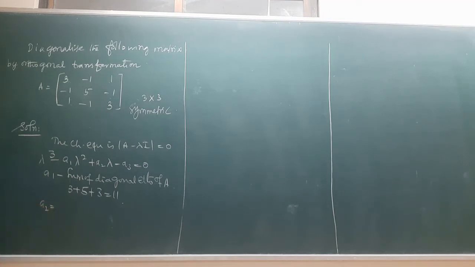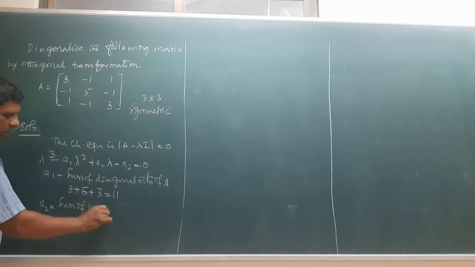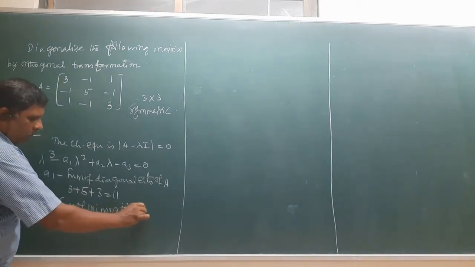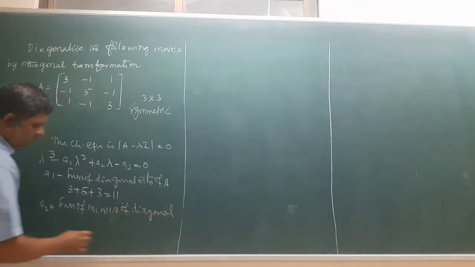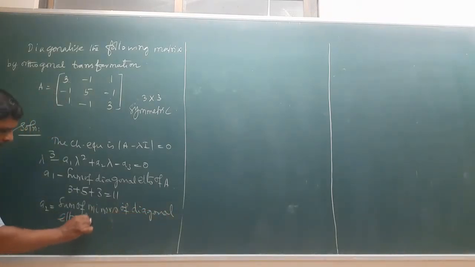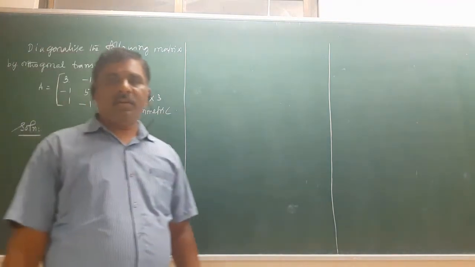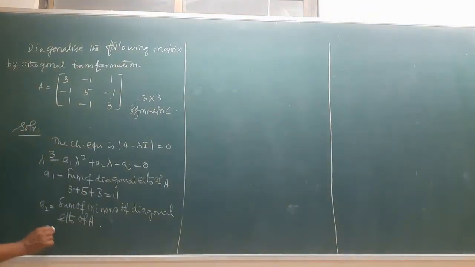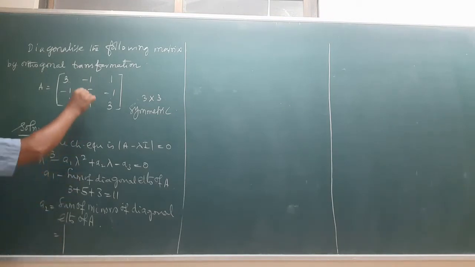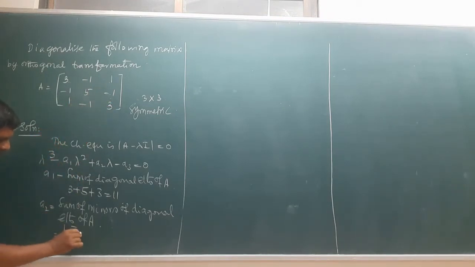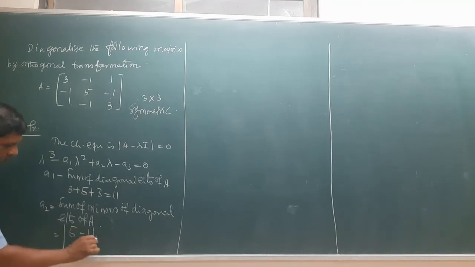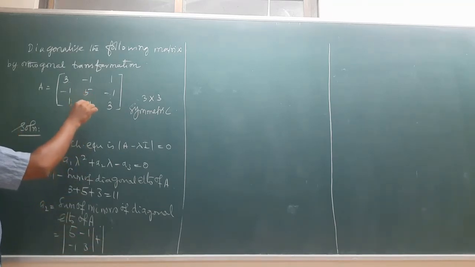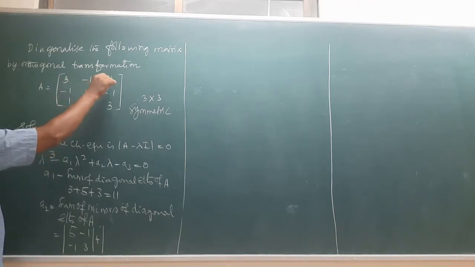Second, we have to find the a2 value. What is a2 here? a2 is the sum of the minors of the diagonal elements of A. See the first diagonal element 3. The minor is 5, -1, -1, 3. Second diagonal element is 5. The minor is 3, 1, 1, 3.